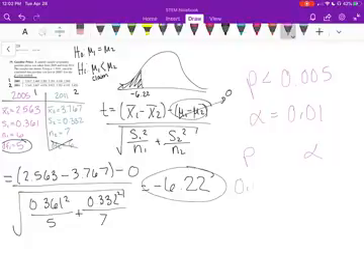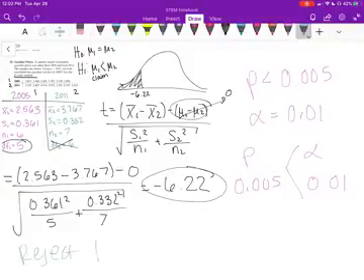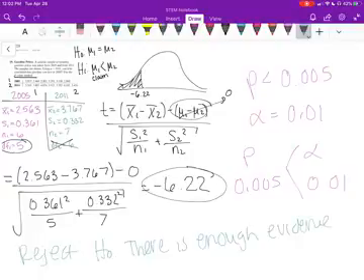P is less than 0.005, and alpha is 0.01. P is less than alpha, which means we reject H naught. There is enough evidence to support the claim.